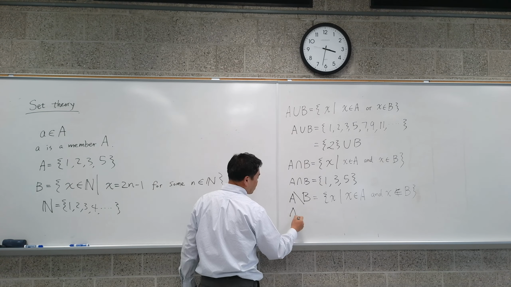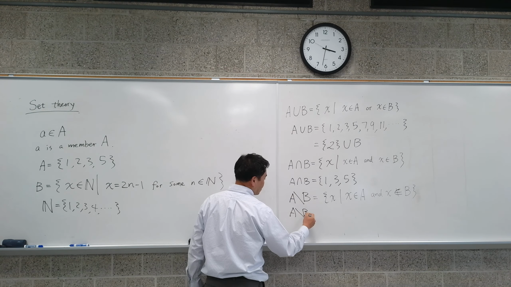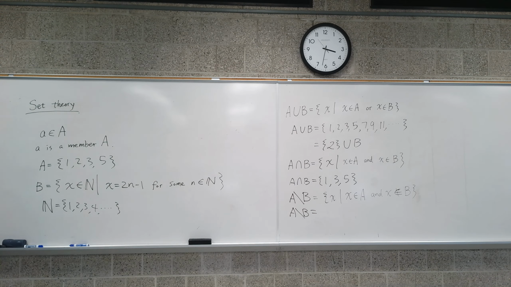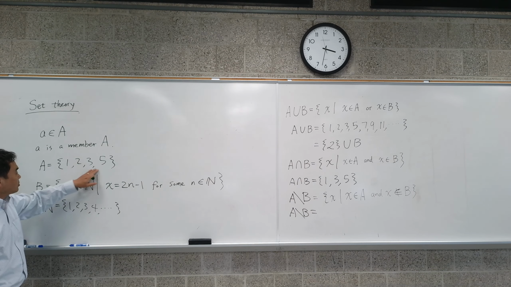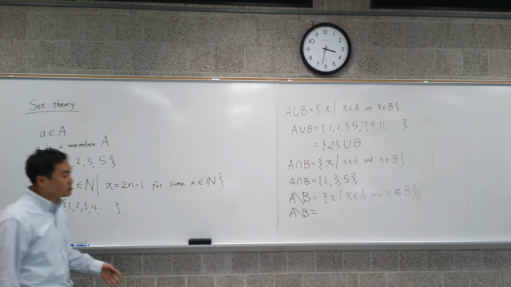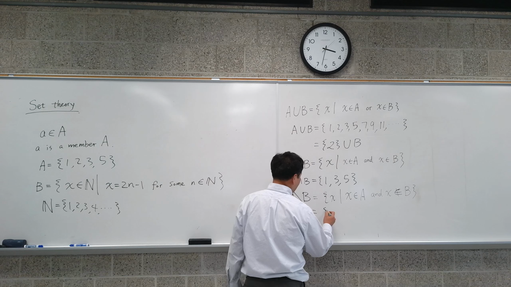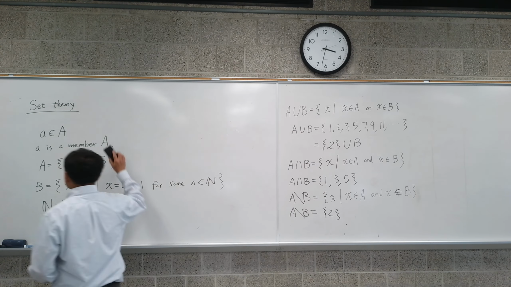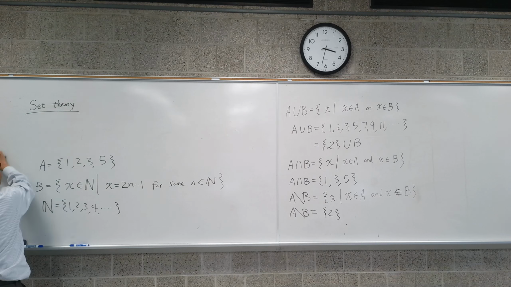Now in our case, what would A minus B look like for these two sets? You have these things, but which one of these do not belong to B? 2, that's the only thing, right? So in this case, it will be just 2. Wait, why would it be 2? Just because it's even?